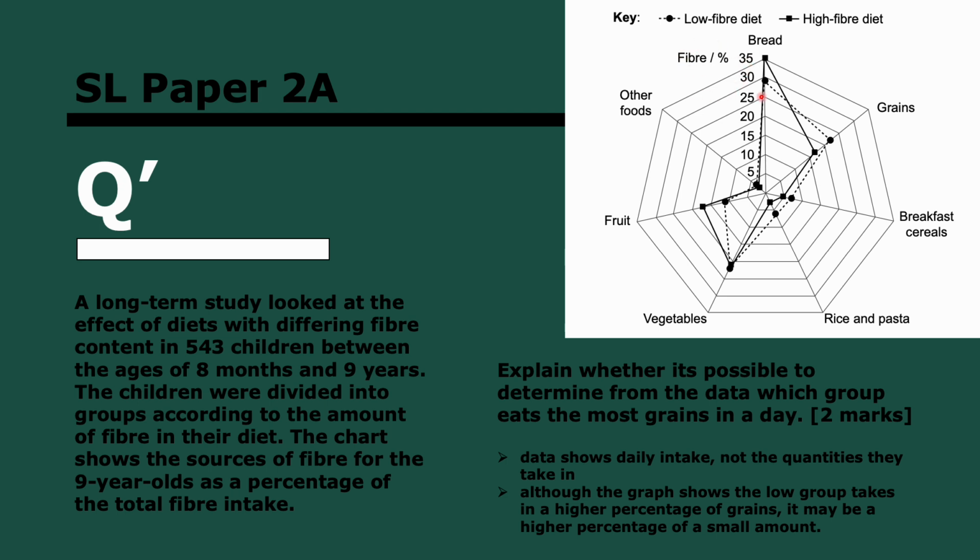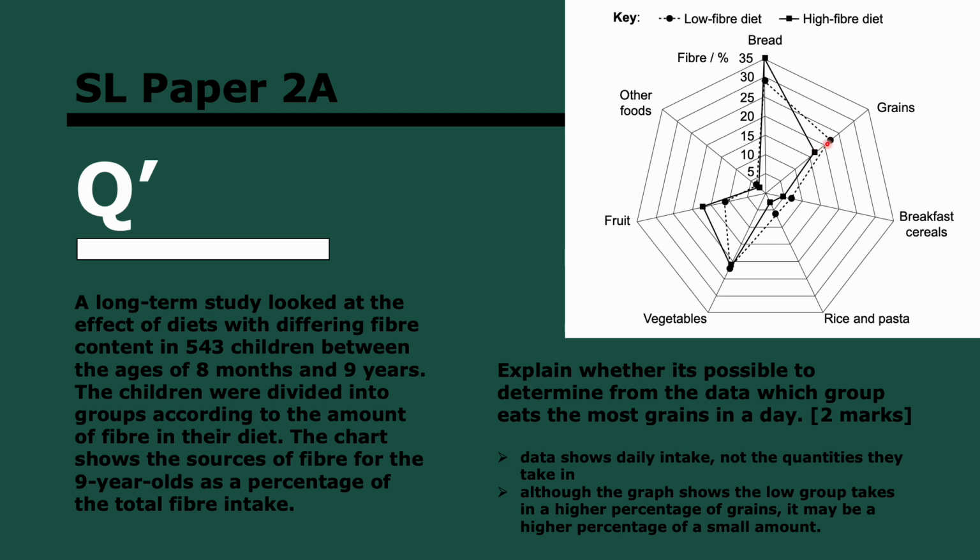So when it's a percentage, you actually don't know the quantities they're taking in. So even though in the graph you can see that the low fiber group takes a higher percentage of grains, it may be a higher percentage of a tiny amount. I think it's still somewhat possible to say that they're eating most grains in proportion to whatever they're eating.